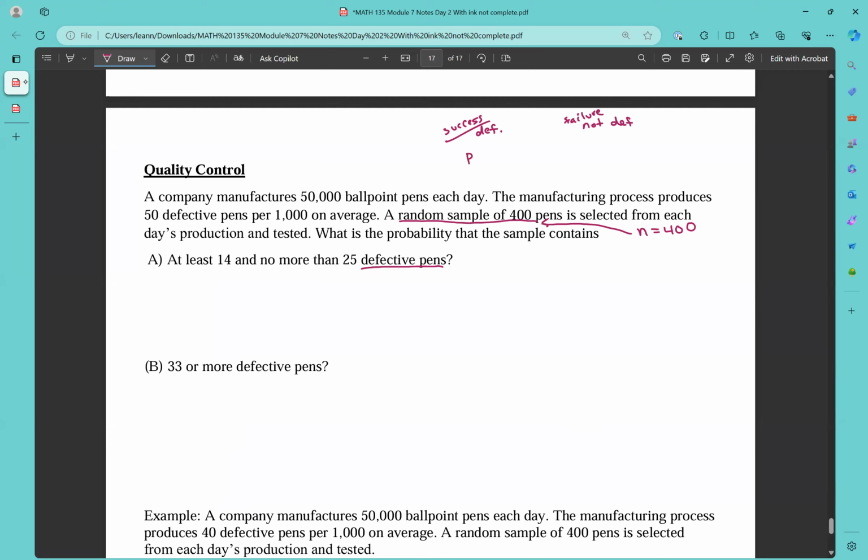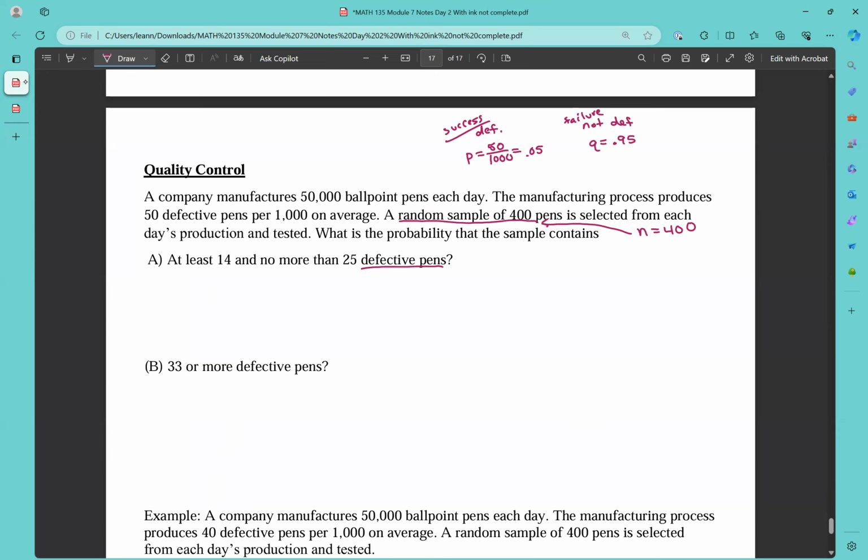The probability of success is, they told us, 50 out of every 1,000 are defective. So I would turn that into a decimal. That would be 0.05 if we divide that. So if 5% of the time I'm defective, 95% of the time my pens are not defective. Okay, so there's my N, my P, and my Q.